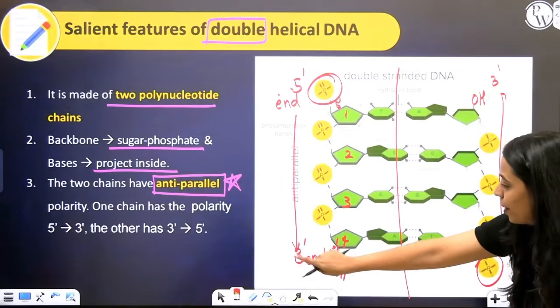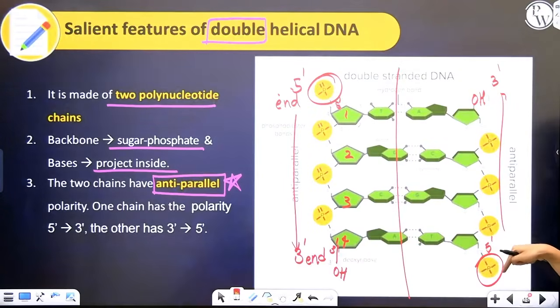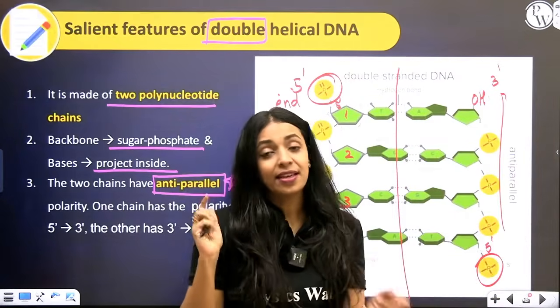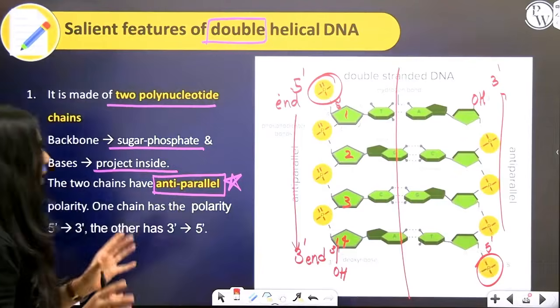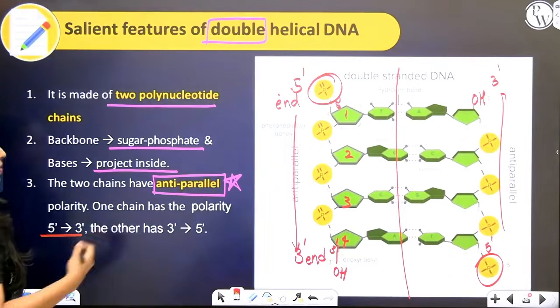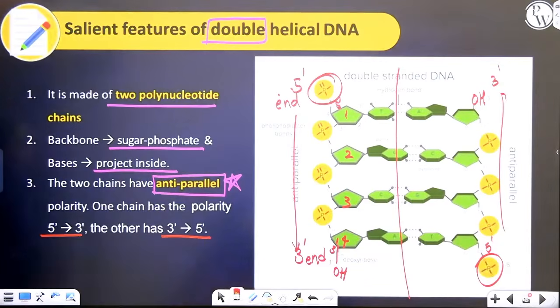If there is a 3 prime end on one strand here, on the opposite strand there will be 5 prime. They are parallel but opposite in polarity. Therefore, we say it is anti-parallel in nature. One chain has the polarity 5 prime to 3 prime, the other one has it from 3 prime to 5 prime. So this is what anti-parallel means.